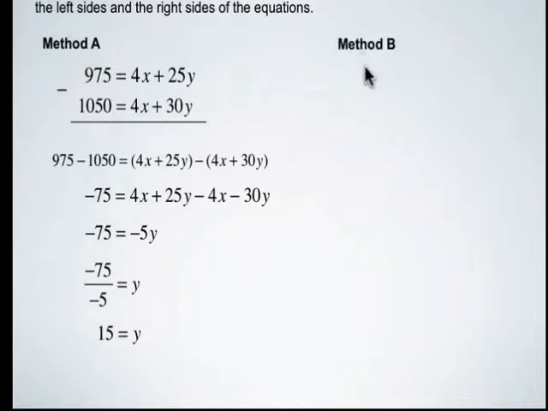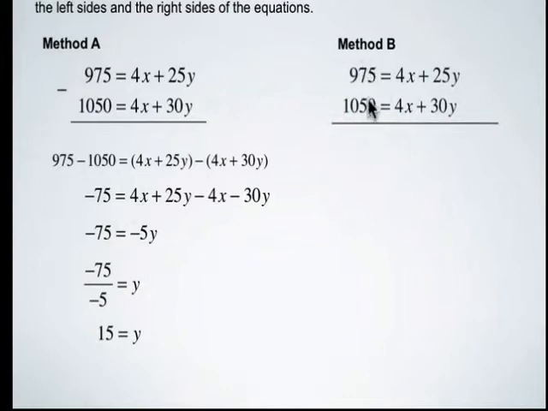So method B is going to be very similar here, and what we're going to do is subtract each term vertically. So again, we end up with 975 minus 1050, which is the exact same as what we did before. Now we're going to show the subtraction of the 4x's together. So 4x minus 4x and 25y minus 30y.